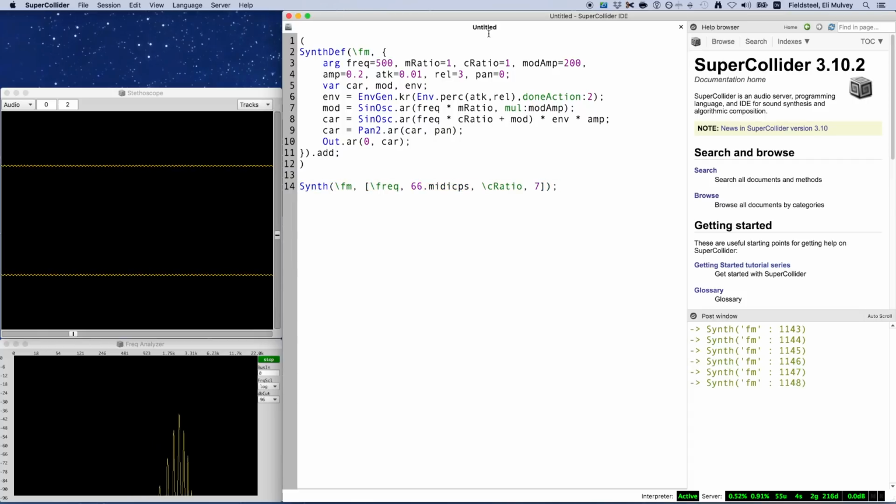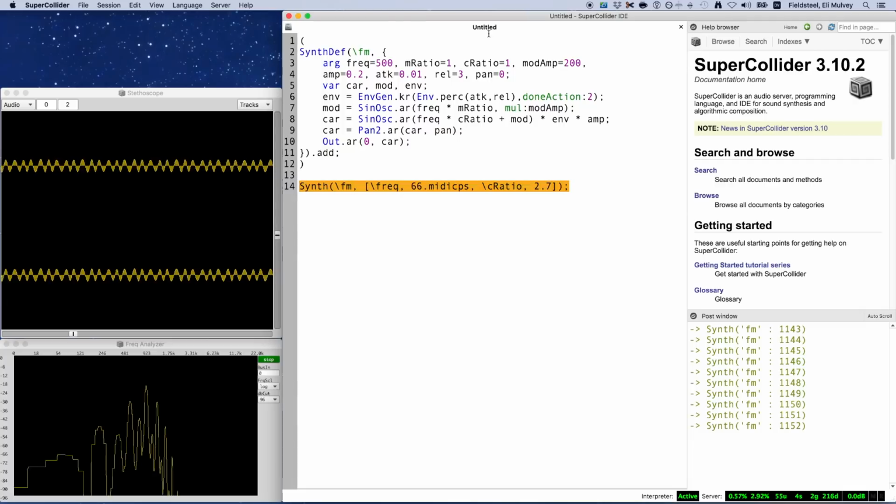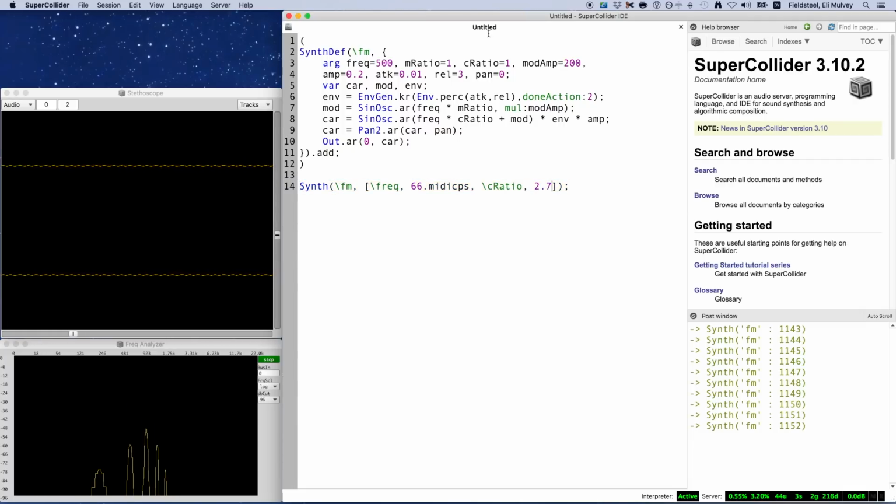In this case, the intervallic spacing of harmonics stays the same, which means the perceived fundamental doesn't really change, but we end up listening to a cluster of harmonics centered increasingly higher and higher on the overtone series. And non-integer values will tend to give us spectra that we perceive as being inharmonic, with no clear pitch center, usually has kind of a bell-like sound.